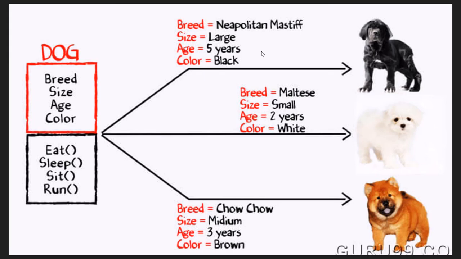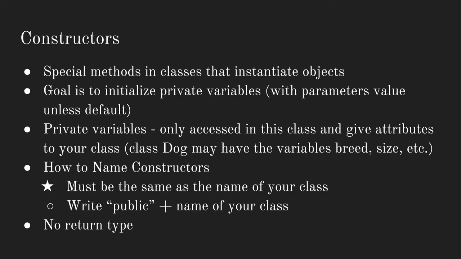But as I said before, if you wanted to create a new dog object, you would simply write public dog. That would be the constructor, and then you would write, let's say you wanted to name it Bob, Dog Bob equals new dog, parentheses.